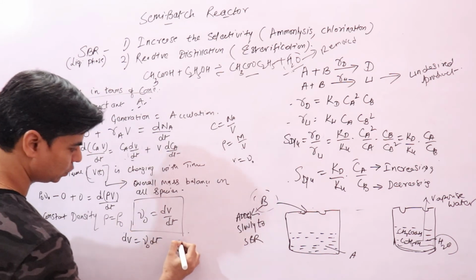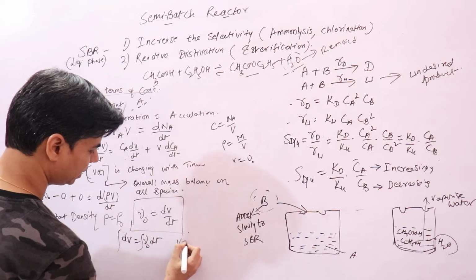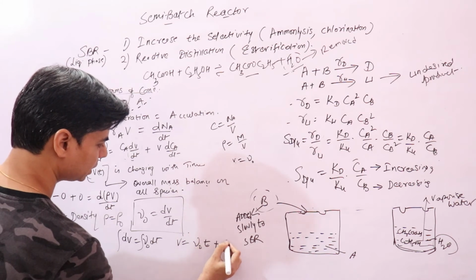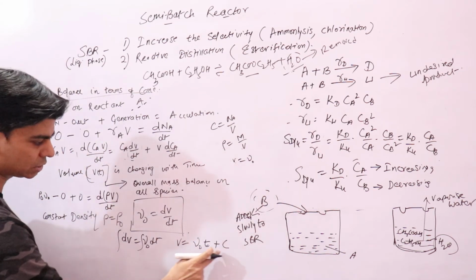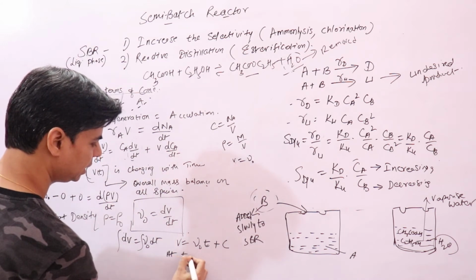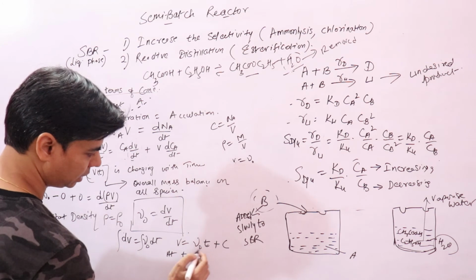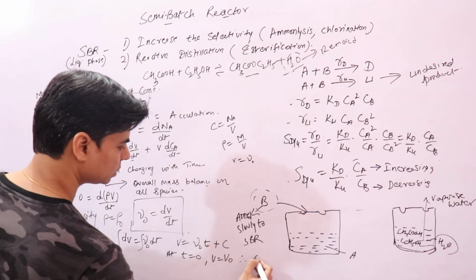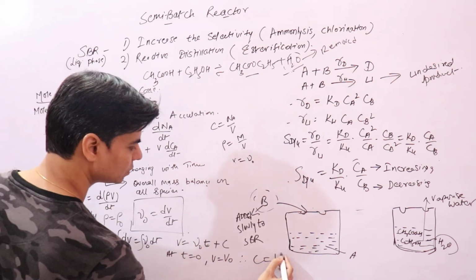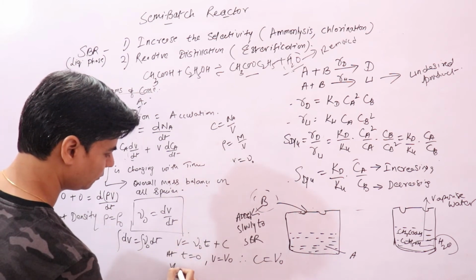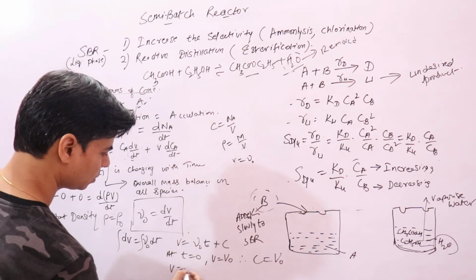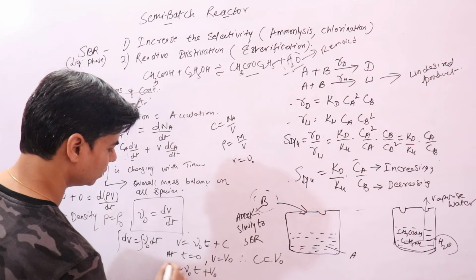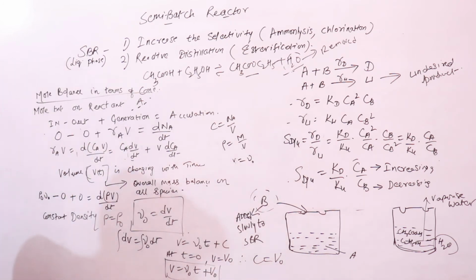Now if you integrate this, you will get V equals nu 0 t plus C. Now to find the value of the constant, at t equals 0, let's say volume is V0, therefore C is equal to V0, therefore this equation will become V equals nu 0 t plus V0. This is the equation.